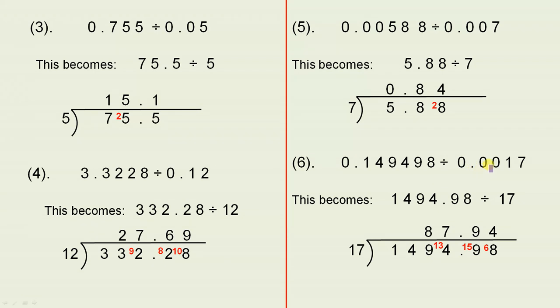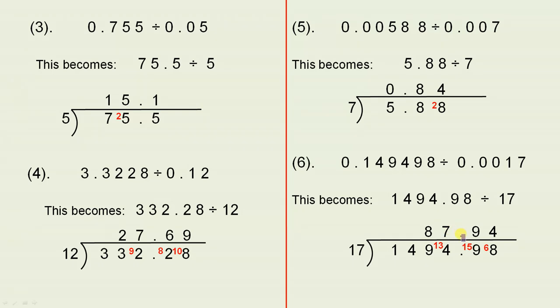With this one, we need to move the decimal point 4 places to the right to make that a whole number. We do the same here. This becomes 1494.98 divided by 17. That's exactly what it is here. 17 into 1 doesn't go. 17 into 14 doesn't go. 17 into 149 goes 8 times and 13 left over. 17 into 134 goes 7 times.